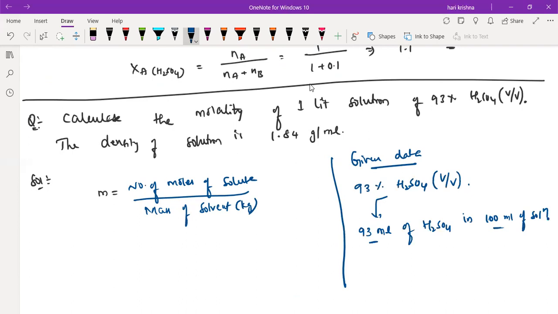Sorry, this is not the volume, this is the weight. So if it's the weight, we should take it in grams. So 93 grams of H2SO4 in 100 ml of the solution.